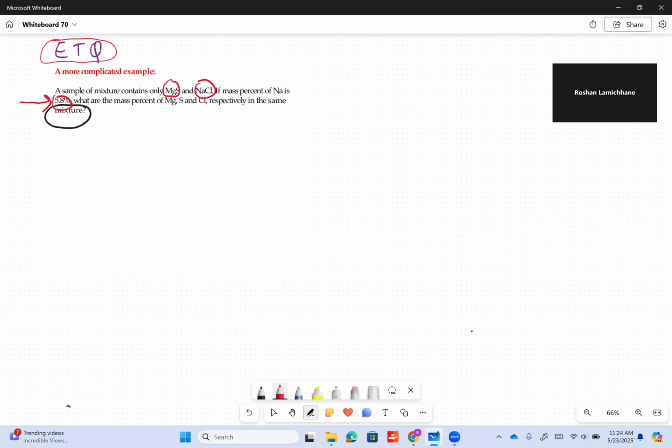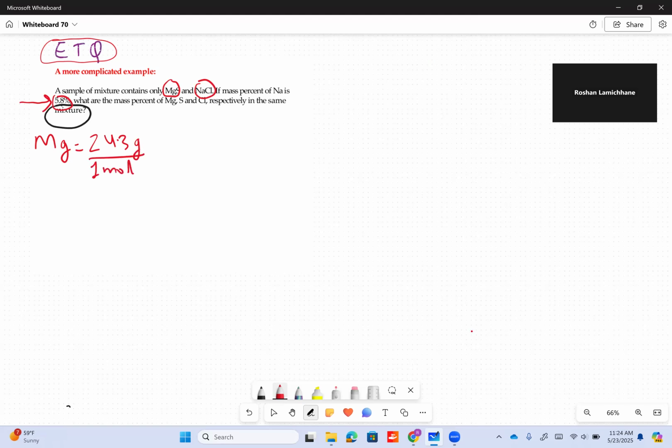All right. So first thing what I'm going to do is, similar to our other mass percent problem, I'm just going to go ahead and figure out the molar mass of all the atoms that are there. So write it down. Magnesium, if you look at the periodic table, it's 24.3 grams per mole.